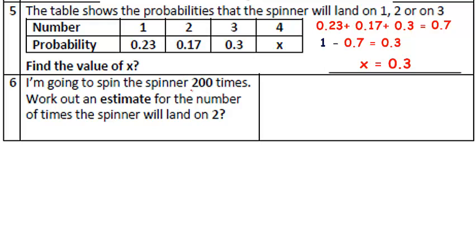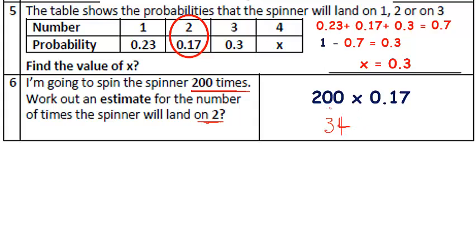Question 6. I am going to spin the spinner 200 times. The clue is in the question. I'm going to do 200 times the probability of getting a 2. The probability of getting a 2 is 0.17, so I'm going to do 200 times 0.17. Okay, there are loads of good ways of being able to do this. 2 times 17 is 34.